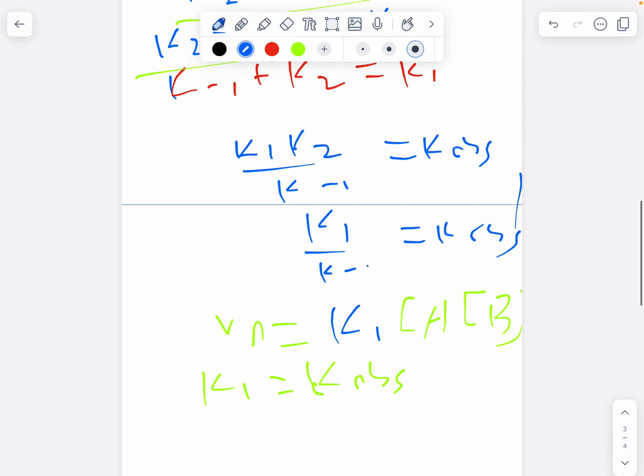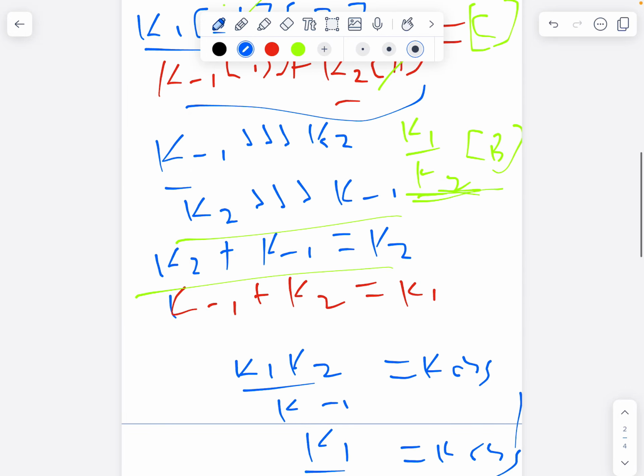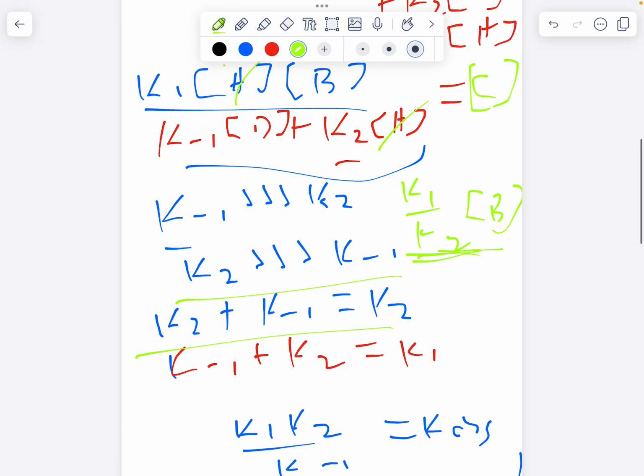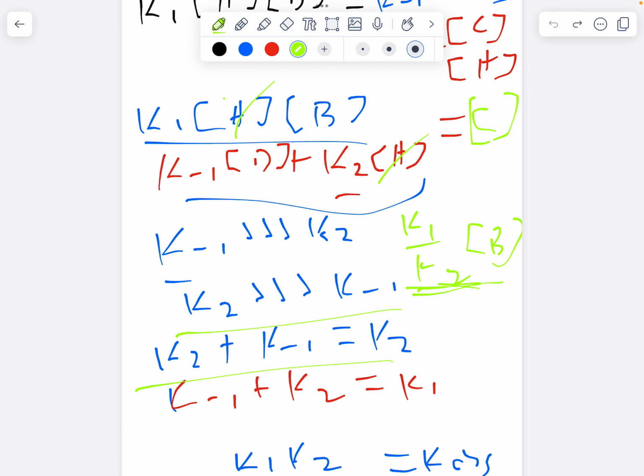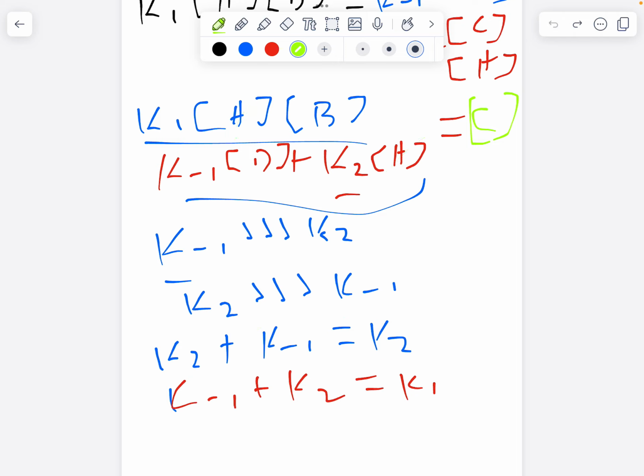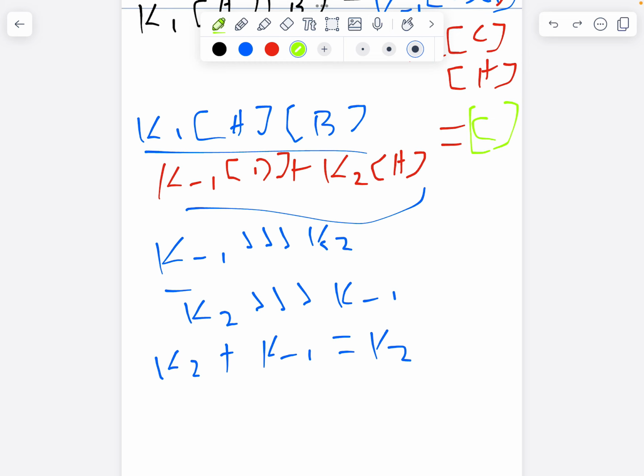So long story short, I'm going to say that we make the other approximation. Let's erase all of that, because we're not going to go down that route. So in that case, we're going to make the approximation that k minus 1 is much greater than k2.